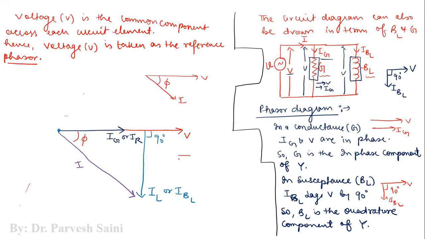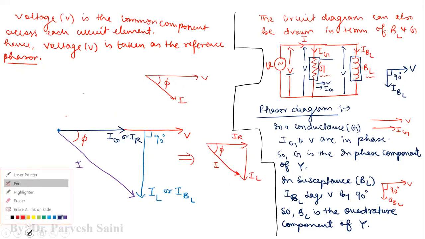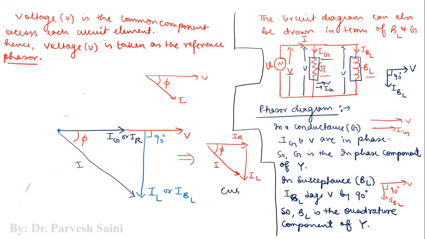So you can see the same thing is coming out here. So we can draw this in a simple current triangle, and the current triangle would be this one. So we will take it as IR, or we can take IG also, doesn't matter. Then we have IL, and then we have I, and the phase difference is phi. So this is basically a right angle triangle, which we call the current triangle.